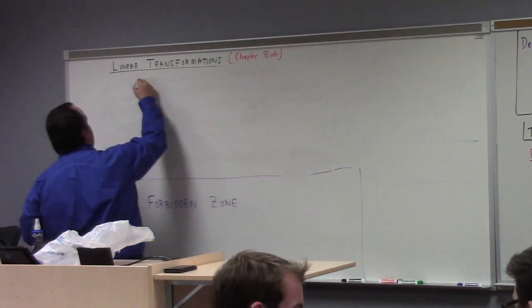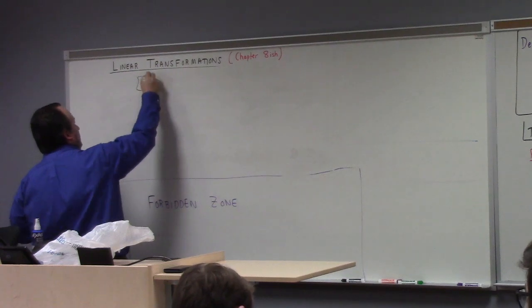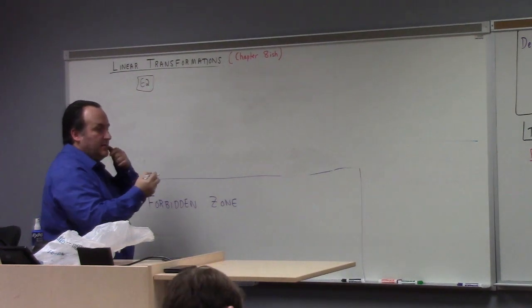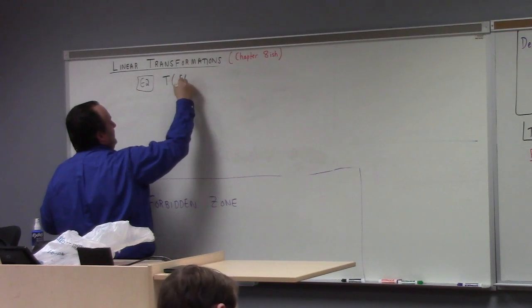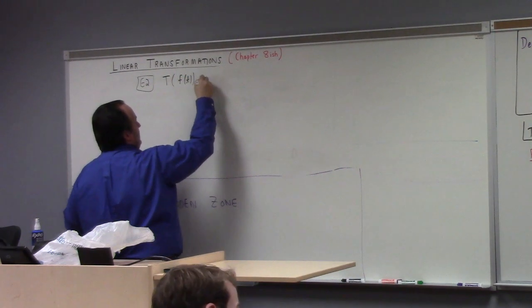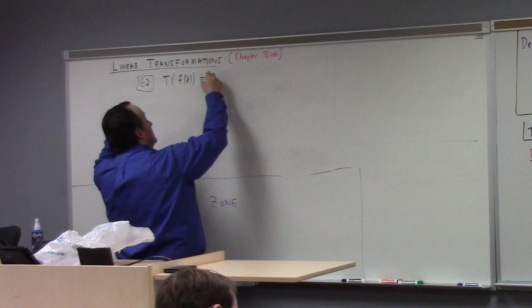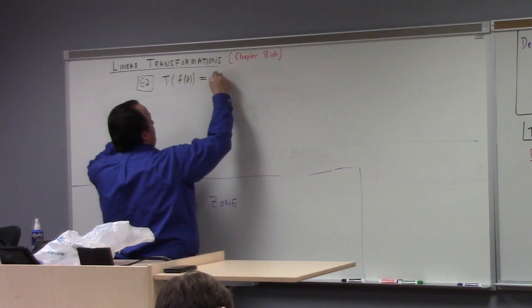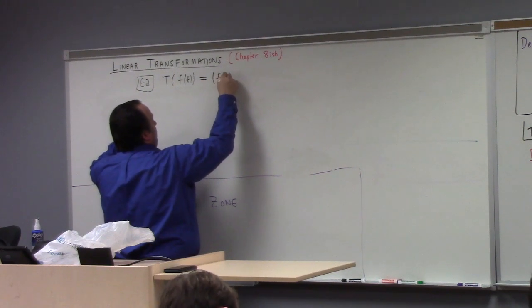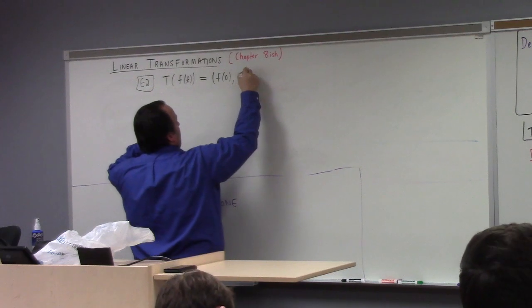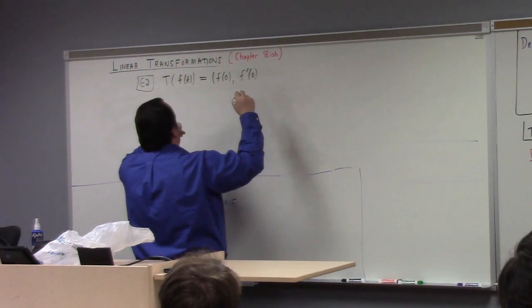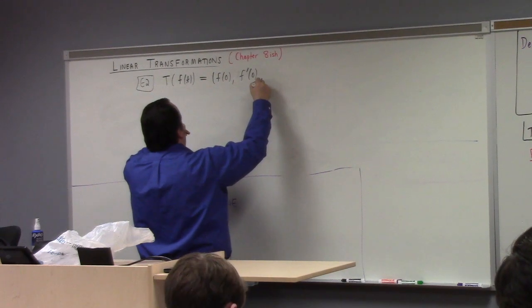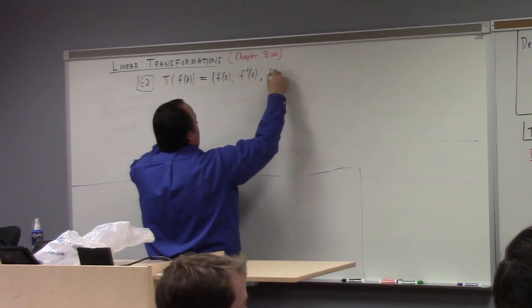So example 2, we might look at T of f of t equal to, oh goodness, let's go with f of 0, f prime of 0, and f of 1.